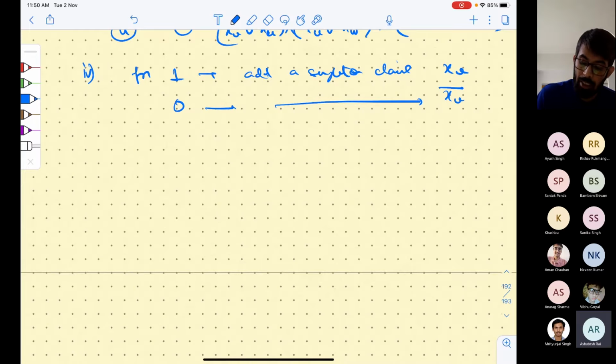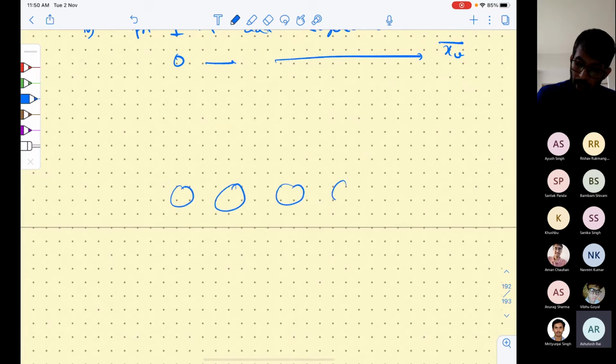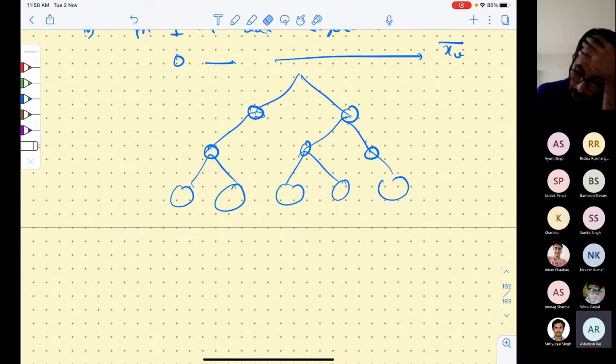And it is easy to see that this is satisfiable if and only if the circuit sat instance is satisfiable. Because, what do you do? In the circuit sat instance, you have this graph, and for each node here, you have a variable. Suppose 1, 0, 1, 1, 0 started from here. Whatever the value here, suppose this was not, this became 1 here. Suppose this was AND, this became 1.